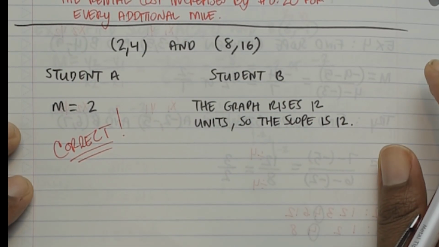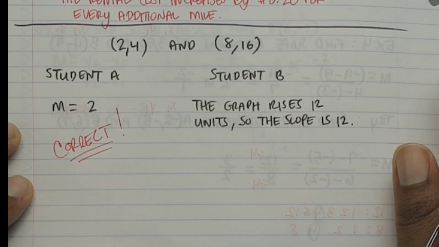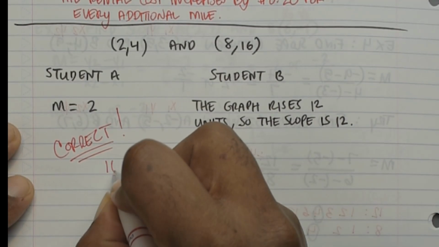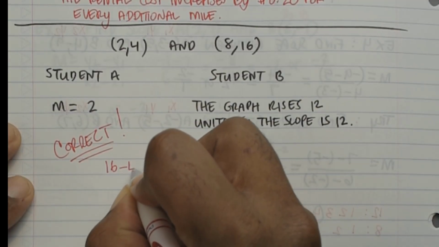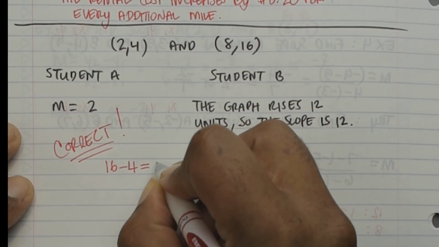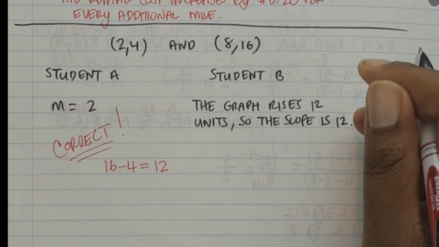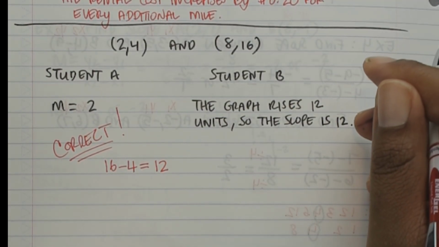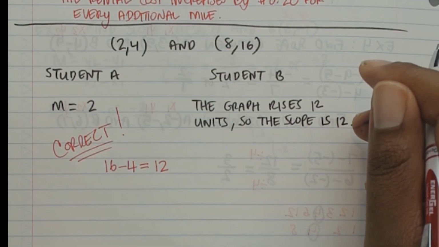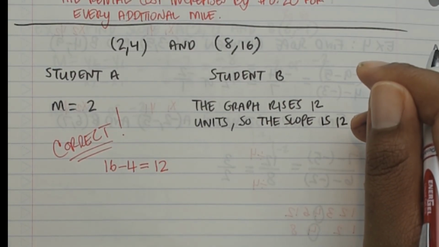Student A is correct because the vertical change is 16 minus 4, which equals 12. But slope is not merely vertical change. Slope compares vertical change with horizontal change. Okay.